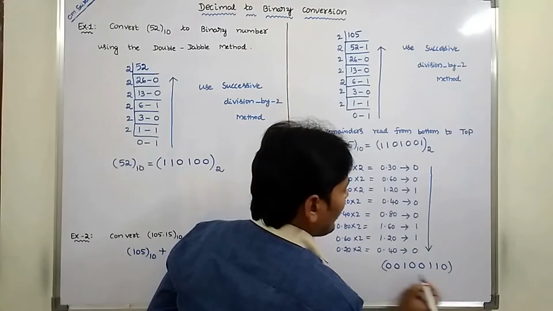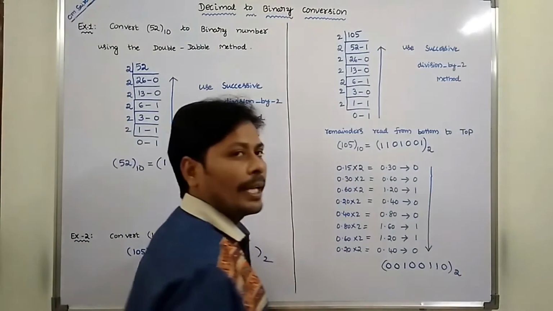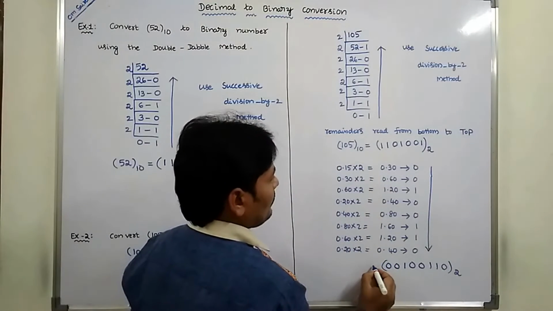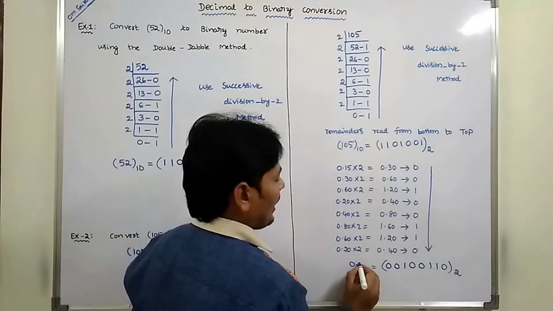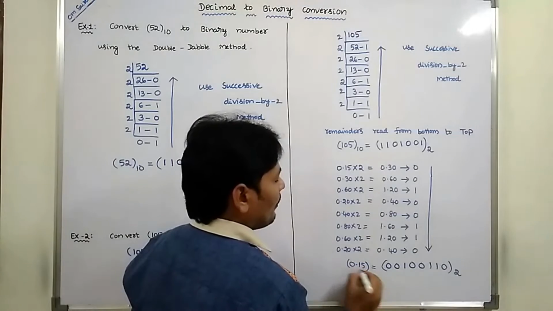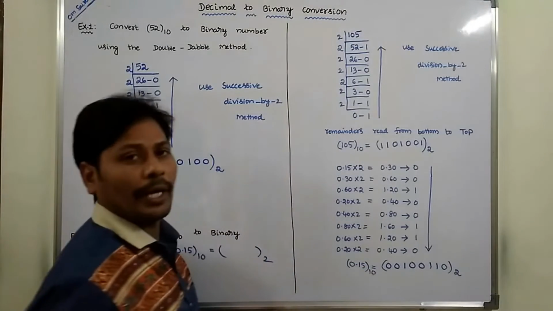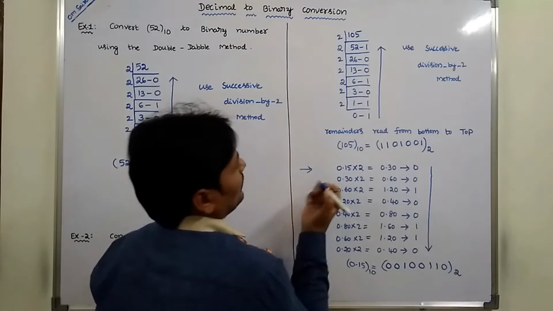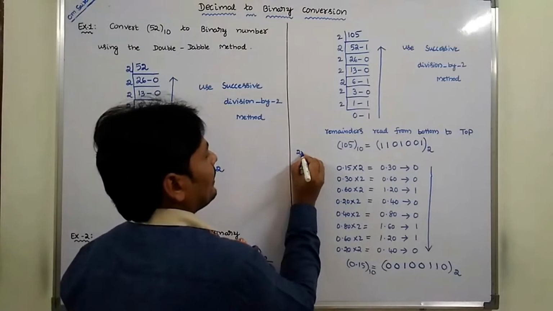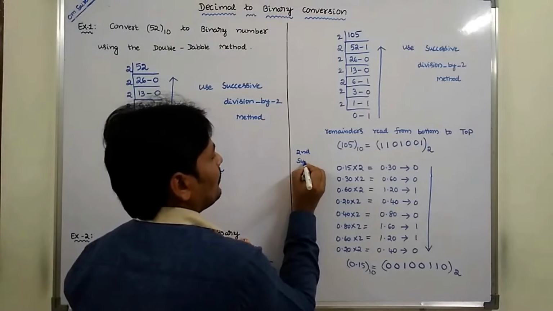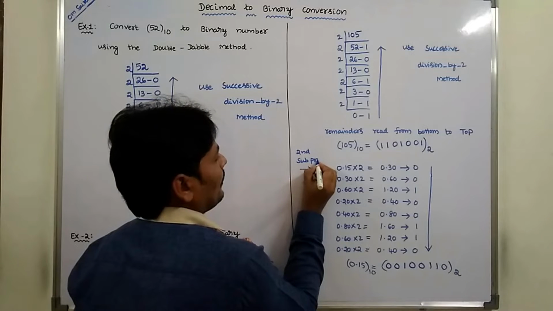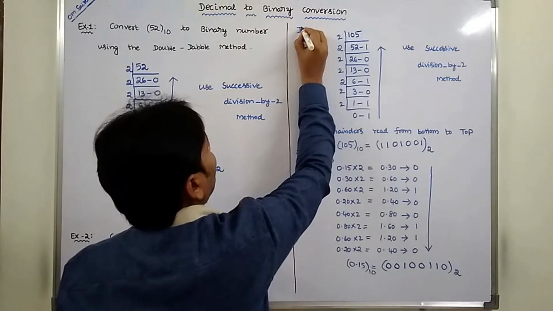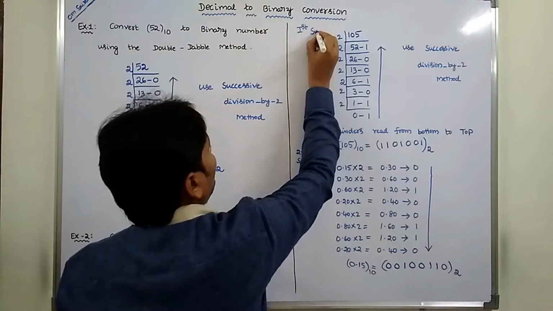So this is the equivalent binary number for the fraction part, that is 0.15 base 10. Okay, so this is the second sub-problem, and this is the first sub-problem.